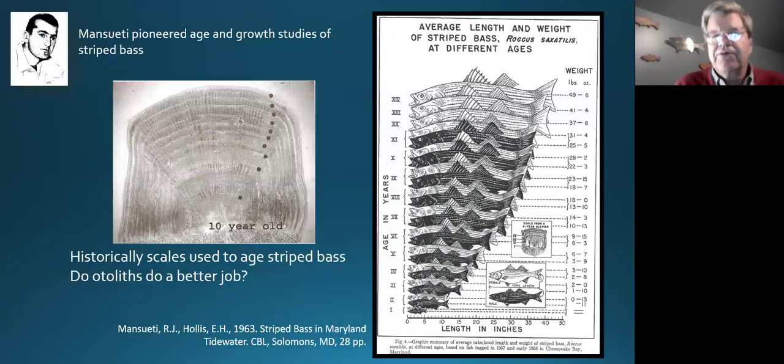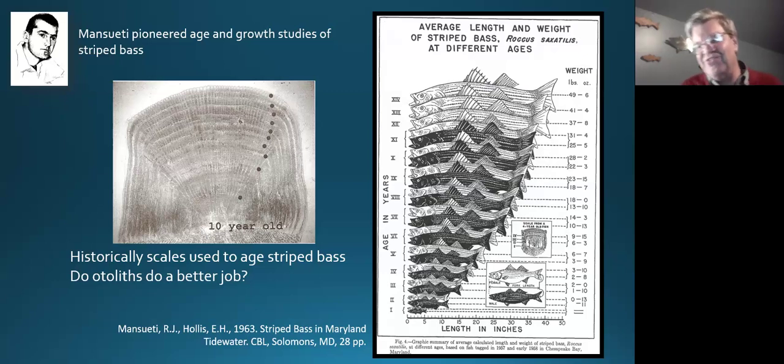Number 2, we'll go back to Professor Mansueti, and he pioneered age and growth studies on striped bass, and he also had these wonderful illustrations. He was at the Society of wonderful illustrations of reptiles and amphibians, but he carried that forward. I was looking at this today, and these days in PowerPoint or whatever, you would just make one of these images and copy it, make it bigger.